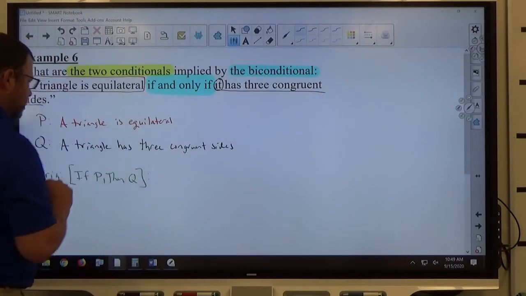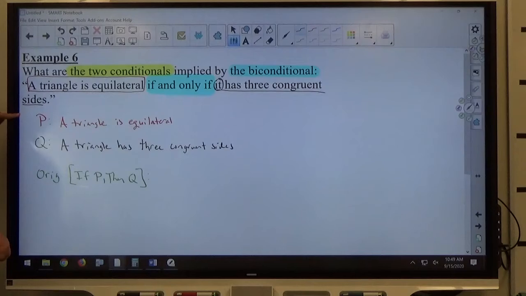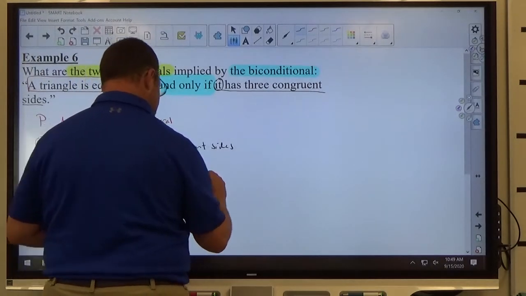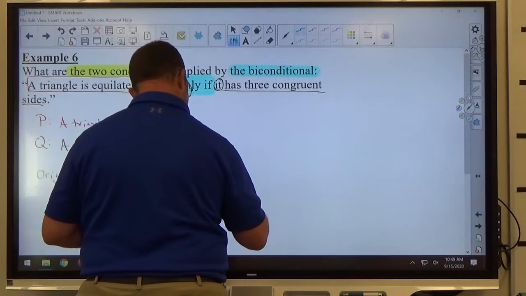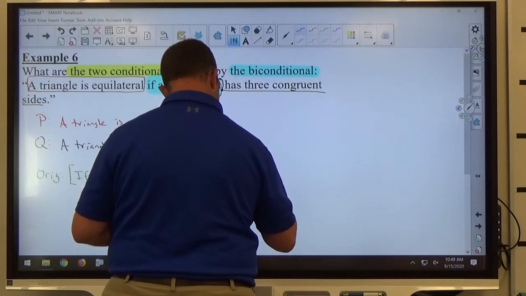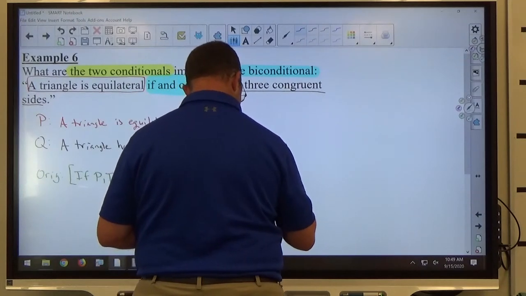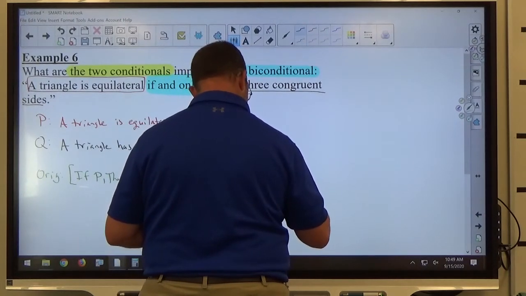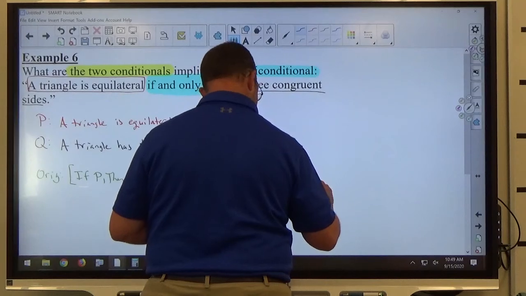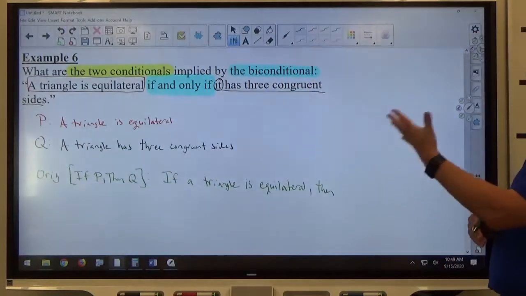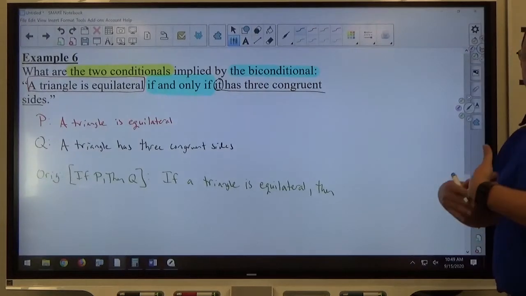It looks like this. If a triangle is equilateral, comma, then, and the second, the Q part's a triangle has 3 congruent sides, but this is where I'm going to use my pronoun.